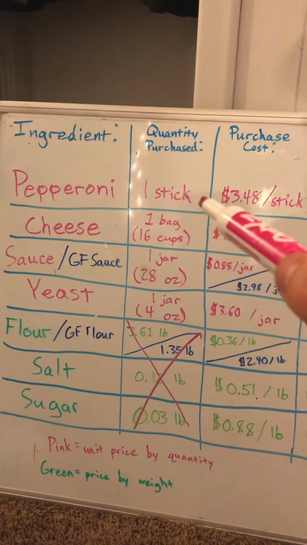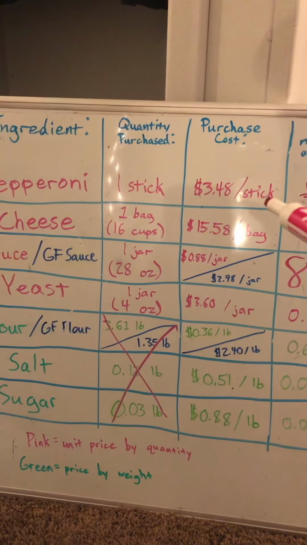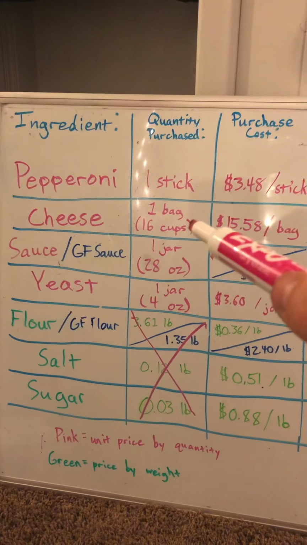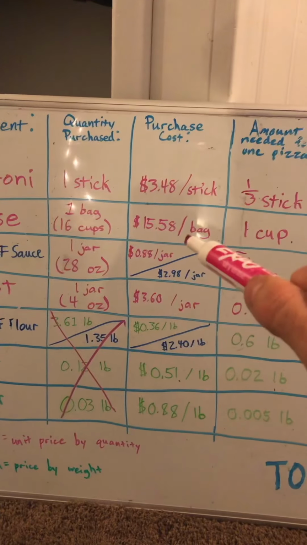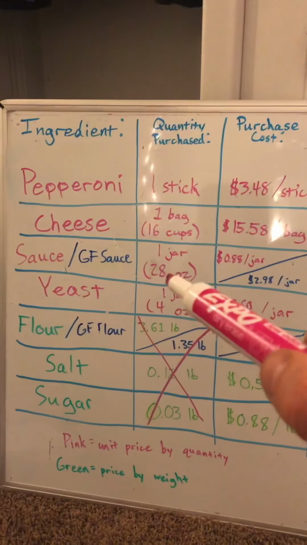Pepperoni, 1 stick. The cost was $3.48 per stick. Cheese. I purchased 1 bag, and that had 16 cups of cheese in it. That bag costs $15.58 per bag. Sauce.